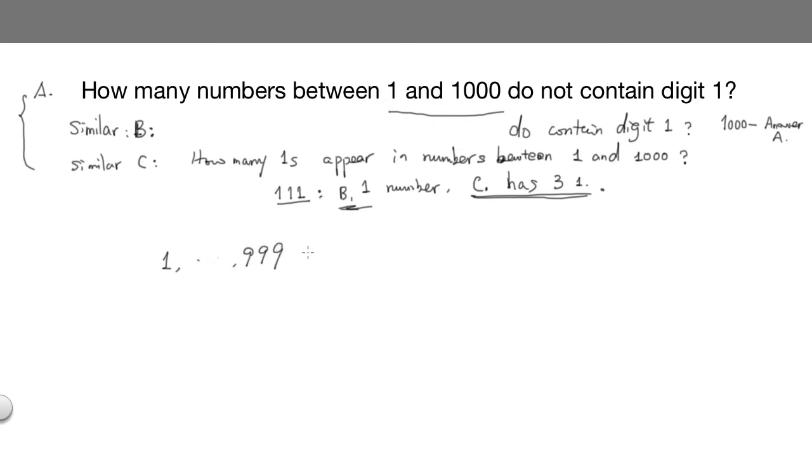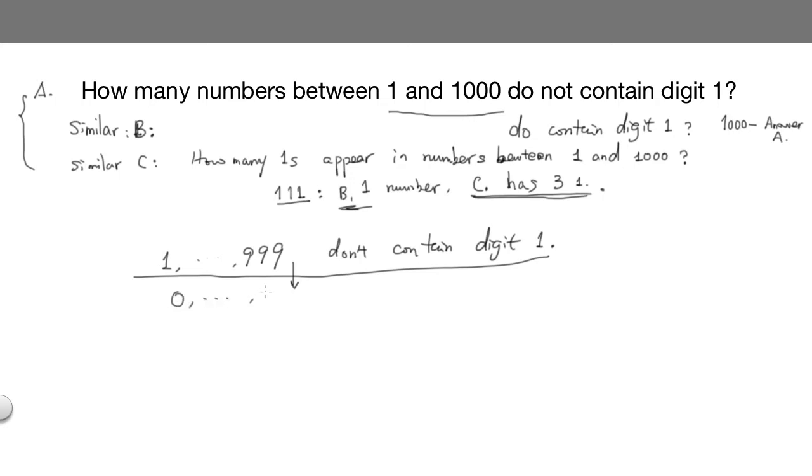How many numbers there do not contain digit 1? And actually, we don't stop here. We're even going to include another 0. From 0 all the way to 999, how many numbers do not contain digit 1?